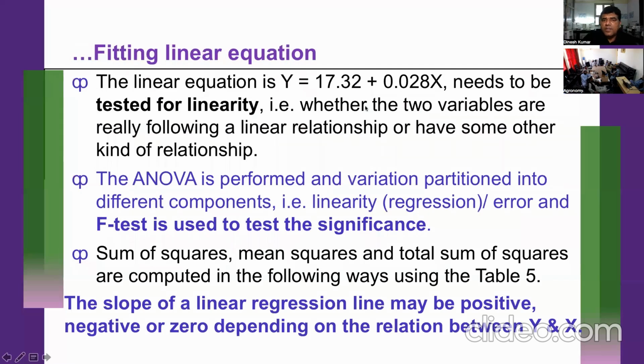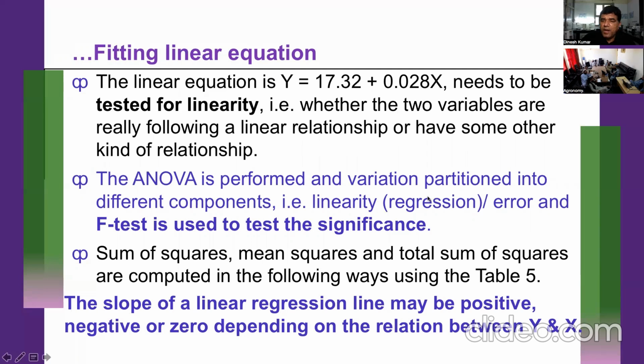Now the linear equation y is equal to 17.38 plus 0.028x needs to be tested for linearity. We need to test whether the two variables are really following a linear relationship or have some other kind of relationship. Analysis of variance is performed. I have already told you.